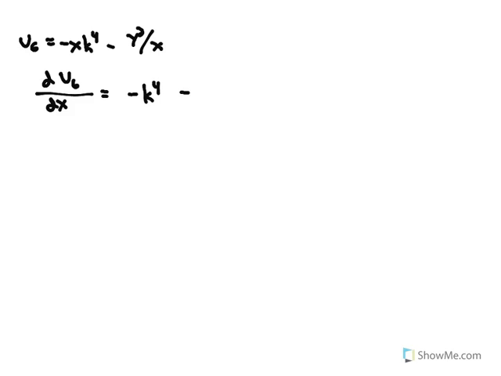So the minus goes out in front, minus y squared times x to the minus 2. We could have also used the quotient rule if we'd like, but I just decided to make the divided by x the same thing as x to the negative first power. Put a negative 1 out in front times y squared.